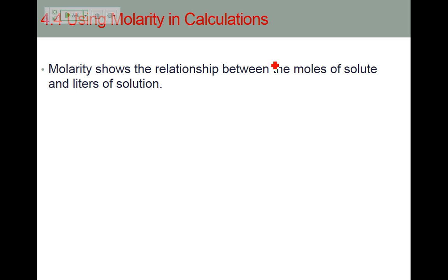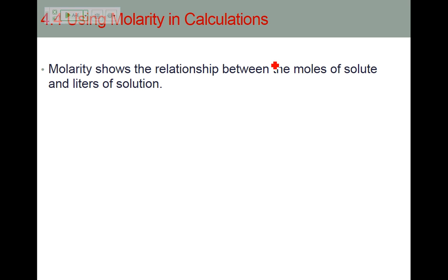So we need to know how much solute we're actually getting into the reaction. Because water is just a solvent, and typically it won't be participating in the reaction. For most of the reactions we'll be talking about, water can participate, but in these reactions it won't. So we want to know how much of our reactant we're actually getting in the reaction. So we need to be able to use molarity in calculations.